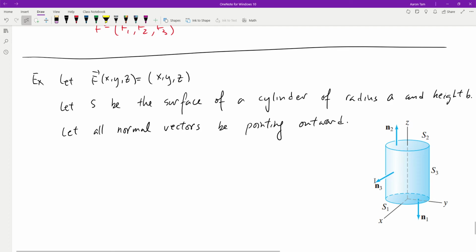The normal vectors basically form the orientation of the surface, so that you follow the right hand rule when you go around the boundary of the surface.